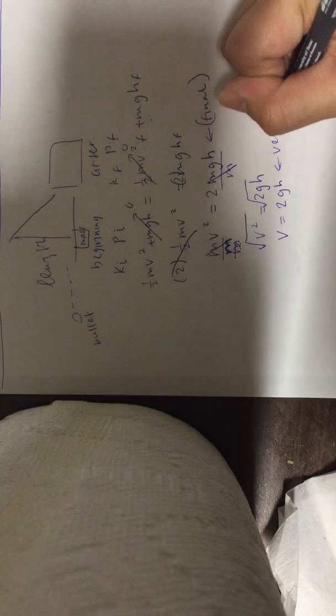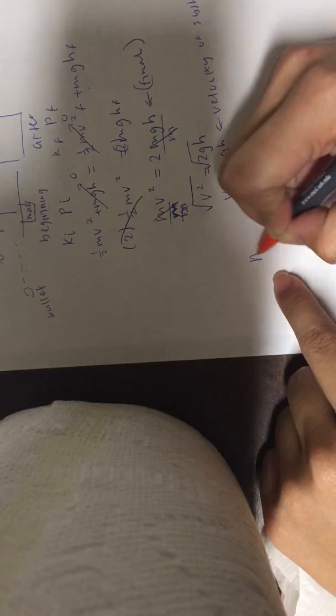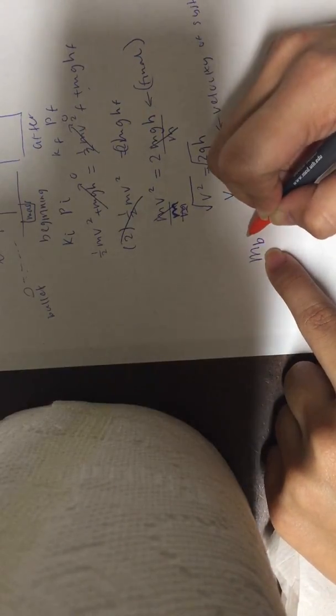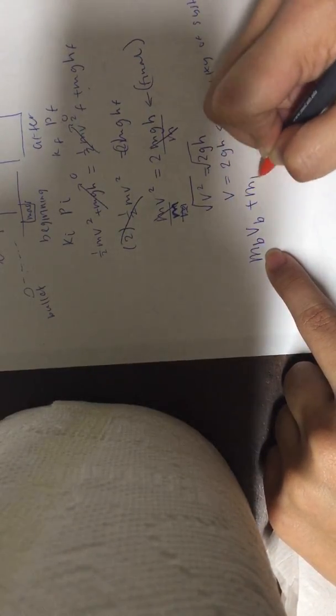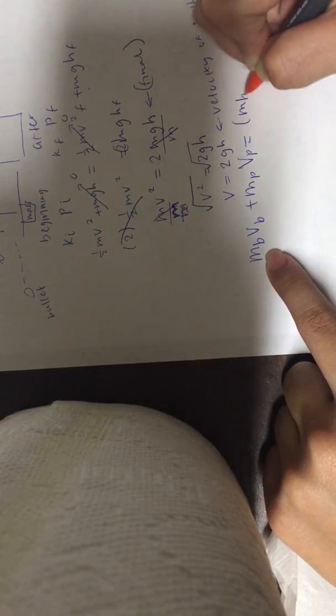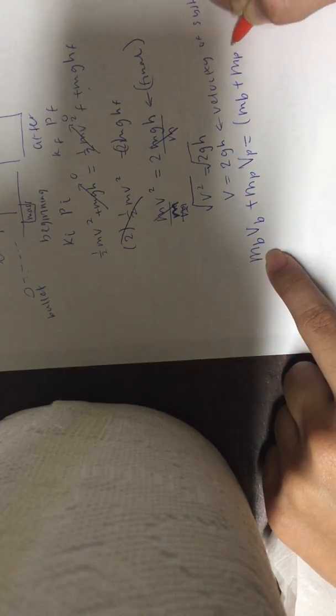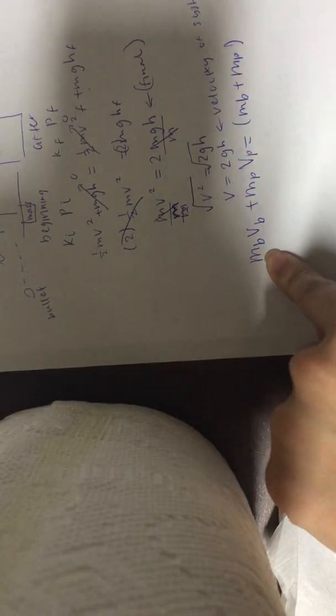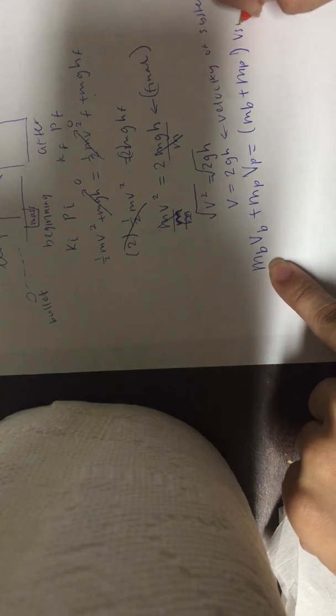And you get v equals square root of 2gh. This is the velocity of the system. And then you're going to use mass of the bullet, velocity of the bullet plus mass of the pendulum, velocity of pendulum equals mb plus mp. And this is going to be the velocity of the system.